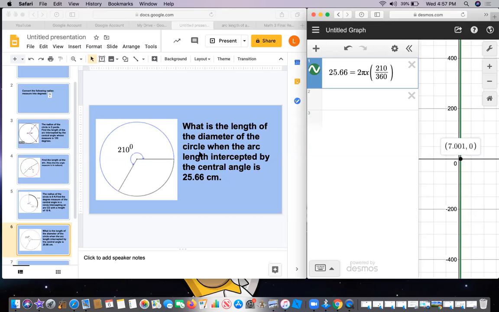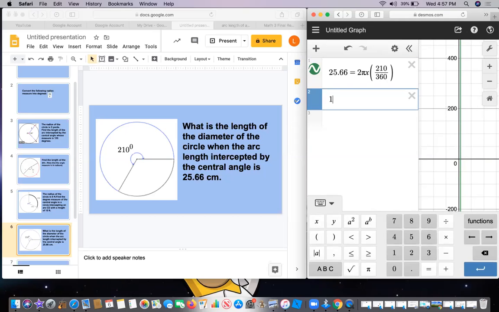However, the question is, what is the length of the diameter? We know the relationship of the radius to the diameter. When the radius is 7, therefore the diameter is 14, because the diameter is always twice as big as the radius. So the answer here is 14.